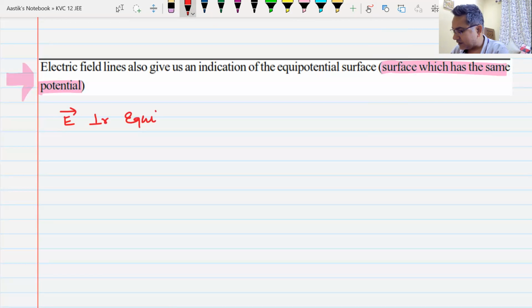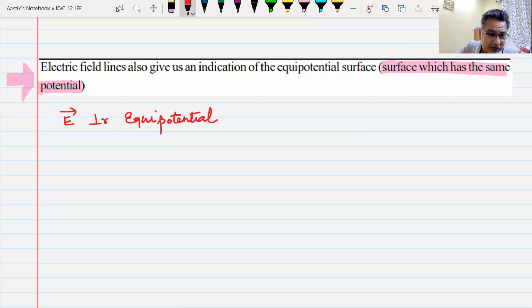We have already done electric field, but we have not done potential. Electric potential is a scalar quantity, electric field is a vector quantity, but we will see how easily they relate to each other. Scalar and vector relating to each other, deadly combination. So electric field lines are always perpendicular to this equipotential surface.